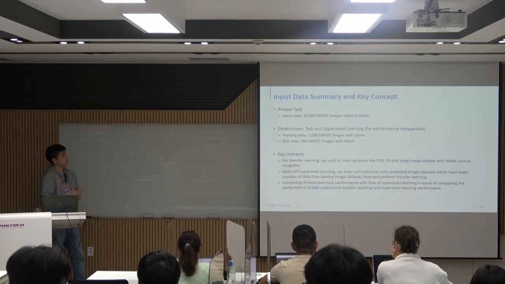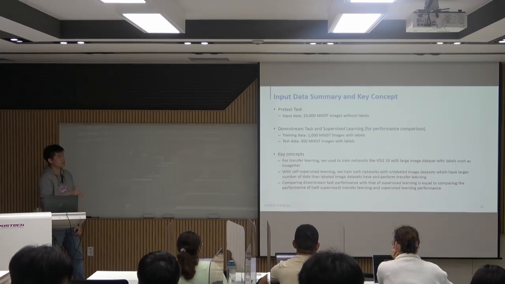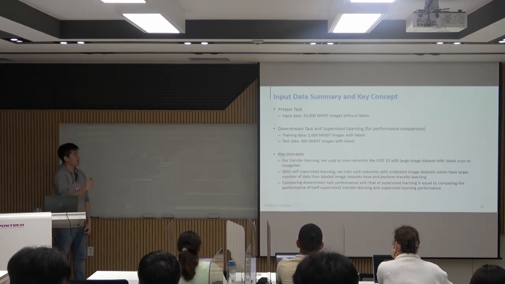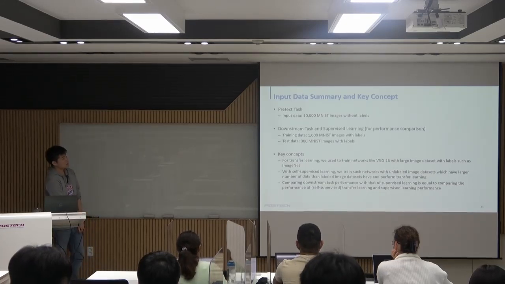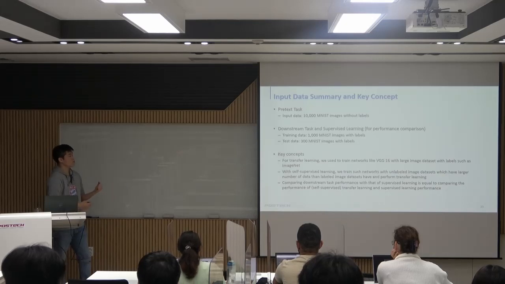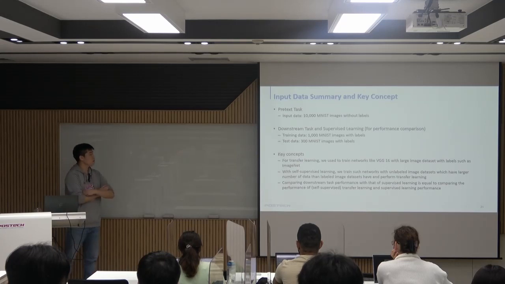So as I've said before, self-supervised learning is composed of the pretext task and downstream task. Then you might ask, what is the supervised learning for? So I'm going to say that supervised learning is just for the performance comparison. So we want to compare whether the self-supervised learning, or AKA the pretext task, extracted good image features or not.